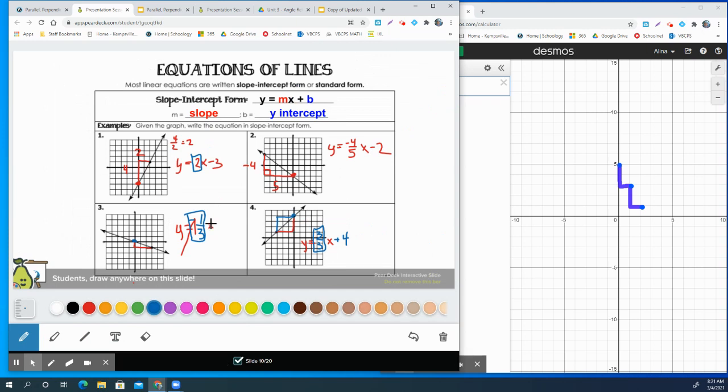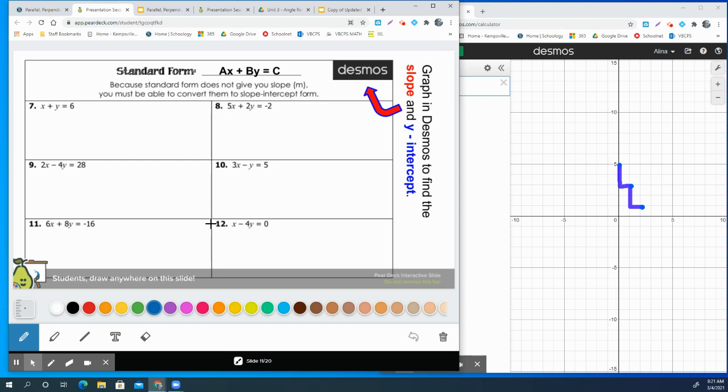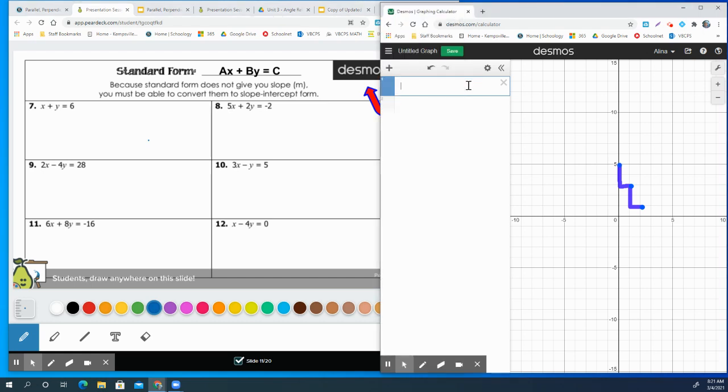So let's look on slide 11. This is where you're going to put these in Desmos. Okay? So if you open up Desmos and we just want to know what the slope is, right? We could do x plus y equals 6 and look at our Desmos, and then we can find out what the slope is.